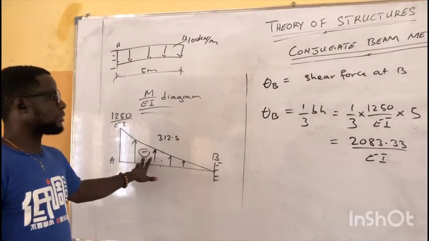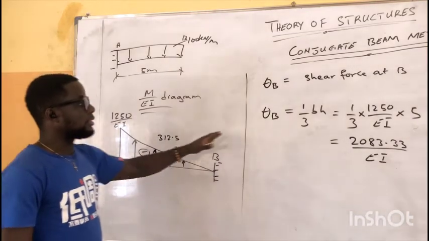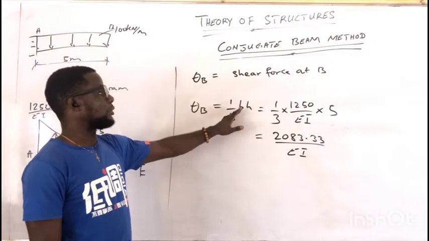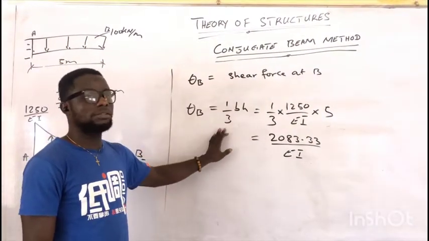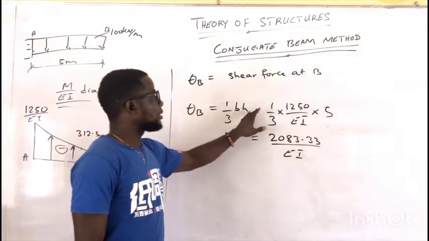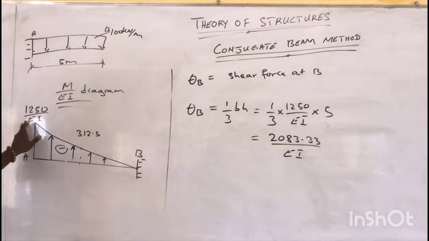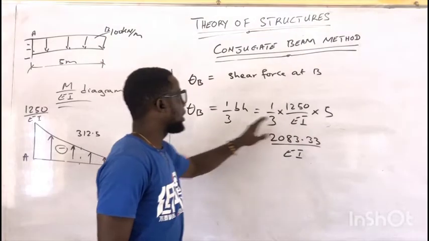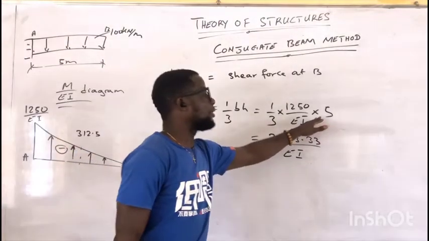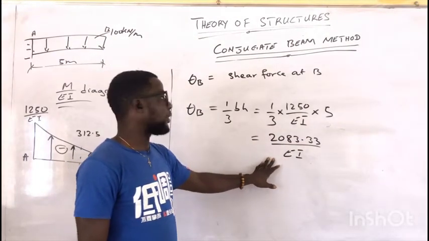So in this particular one, we have a parabola, and to get the load intensity of a parabola, we take the area, and the area is given by 1/3 BH. Then the height is given by what we have here, and the span of the beam, which is the base, is what we have here. When you simplify all this, you have this as your answer.